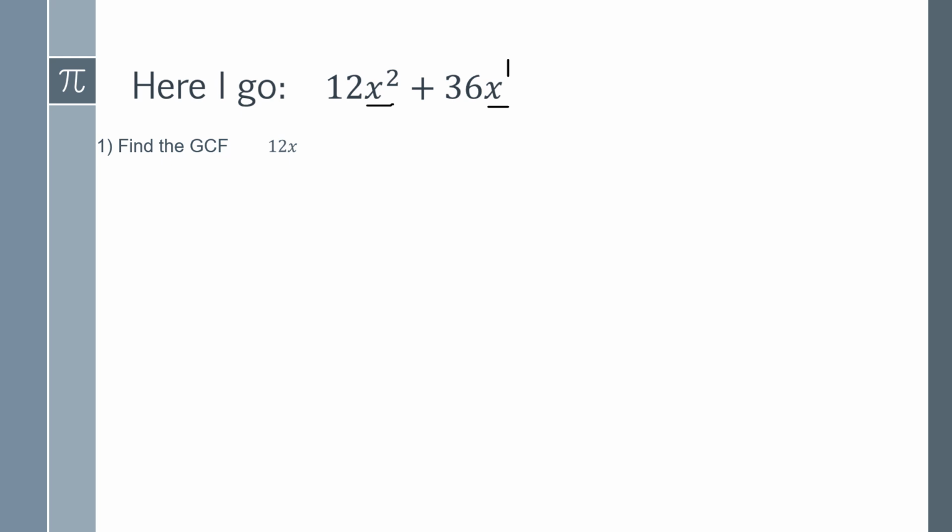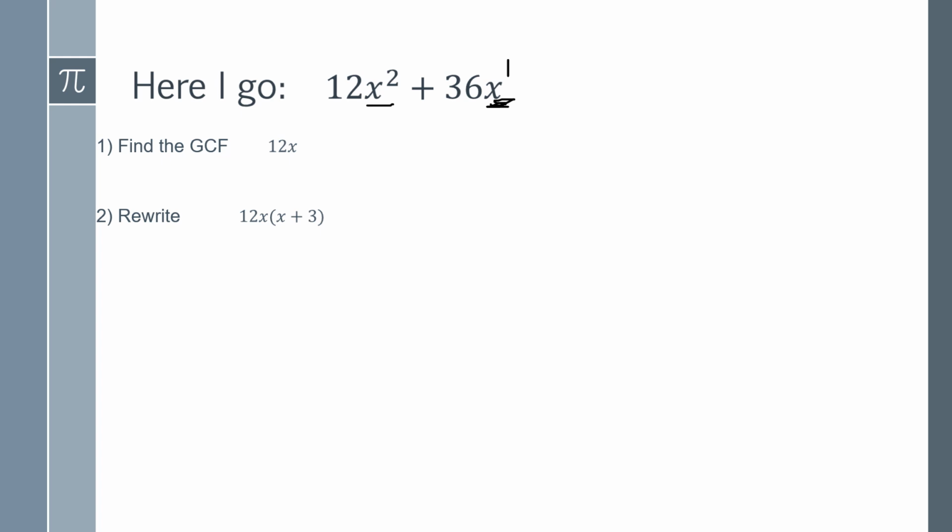Before you could get to 2, you got to get to 1. You cannot pull out 2 because there's no 2 over here. All right? So 12x is the greatest common factor. And then we rewrite what's left, which is x plus 3.